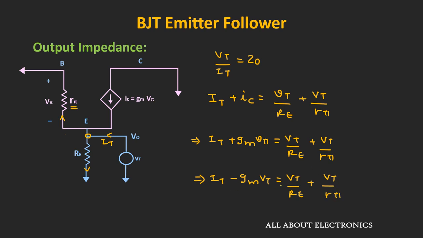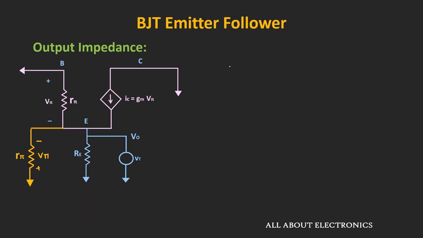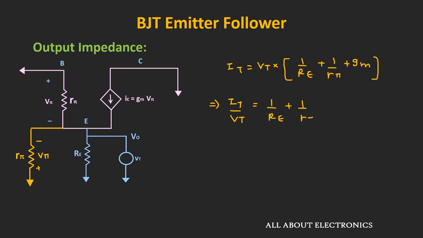So if we bring this term on the right hand side, then we can write this expression as current It is equal to Vt times 1 divided by Re plus 1 divided by R pi plus Gm. Or we can say that It divided by Vt is equal to 1 divided by Re plus 1 divided by R pi plus Gm.